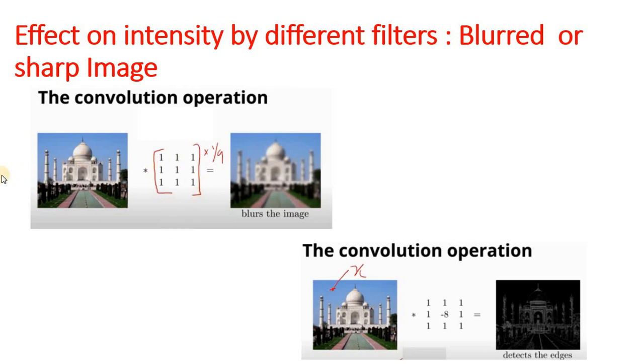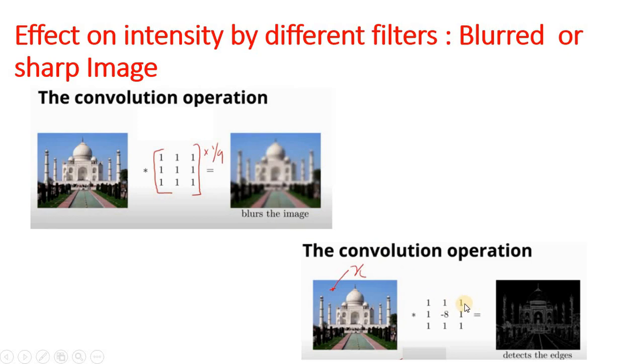Let's say you are doing an operation in which each pixel, which looks very bright, has value 1 1 1 1 1 1 1 1. Now you are multiplying each by 1 by 9, again divided by 9. That means you are getting less intensity and it looks like a blurred image.